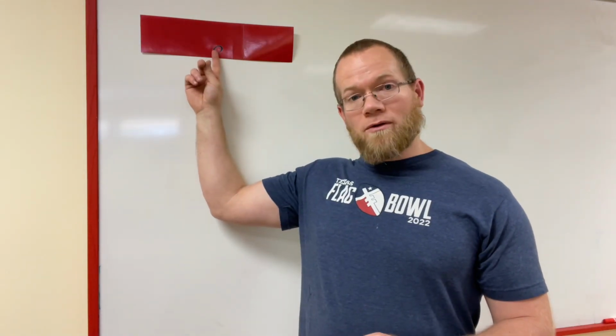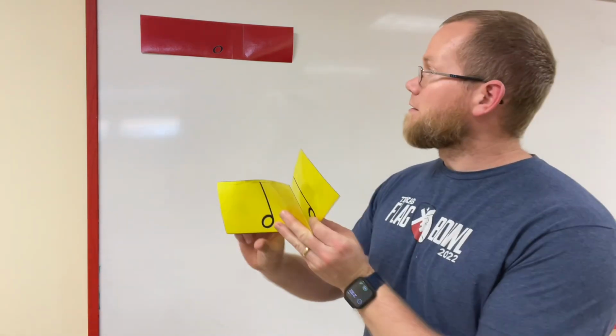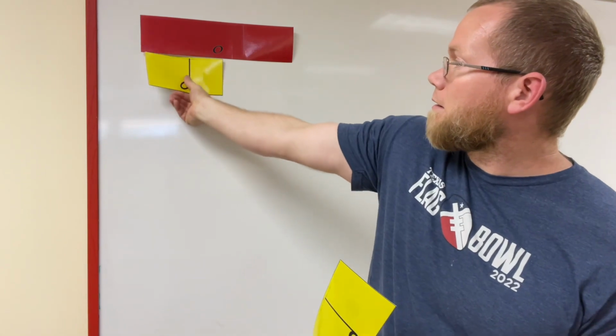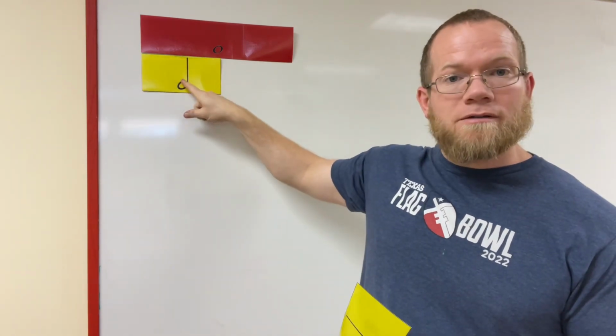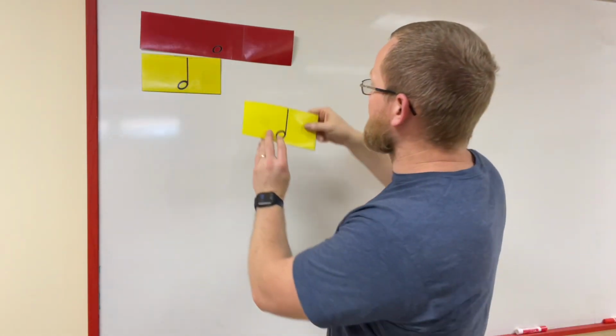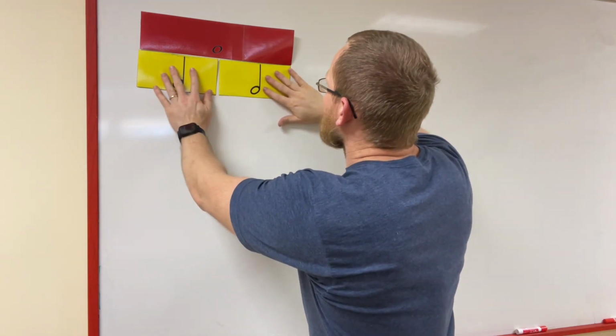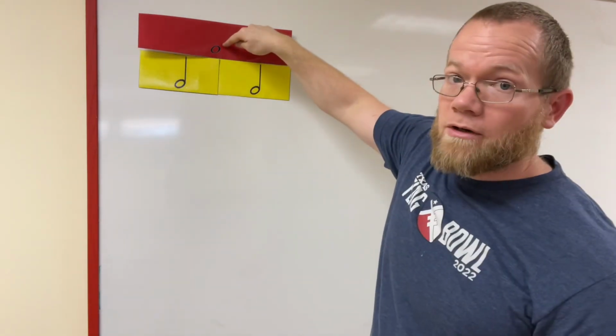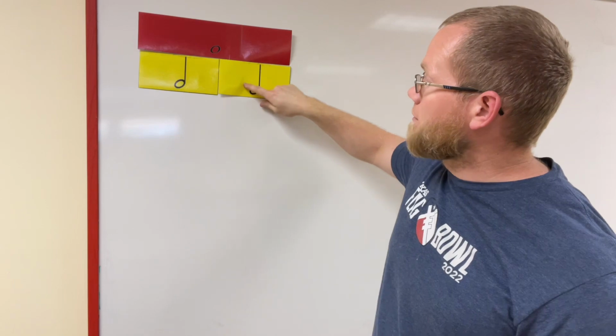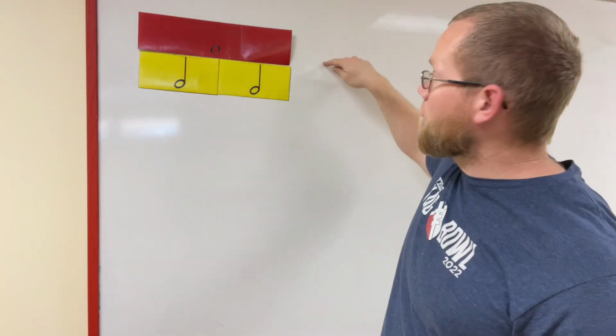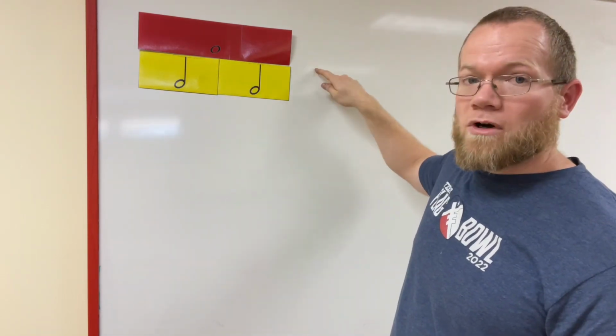Whenever we take a whole note and we divide it by 2, we get half notes, okay? Because this note is half of this note. So we have a whole note, and then we have 2 half notes. So 1 over 1, this is 1 over 2.